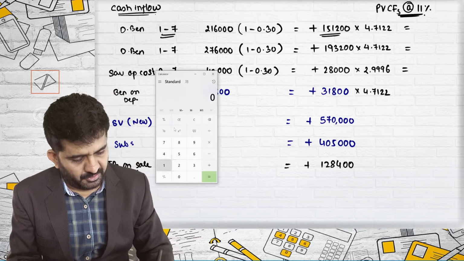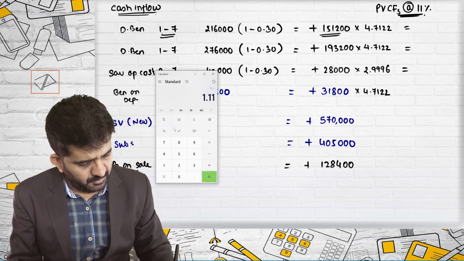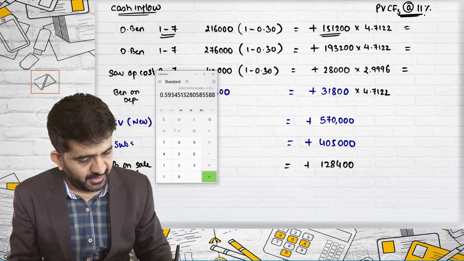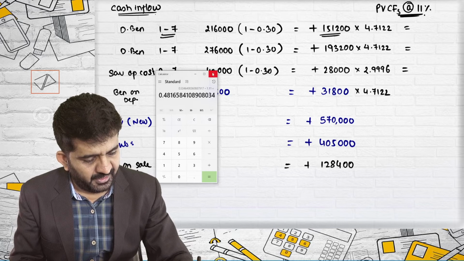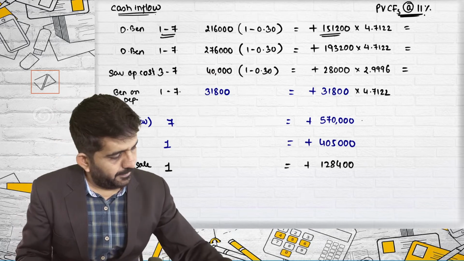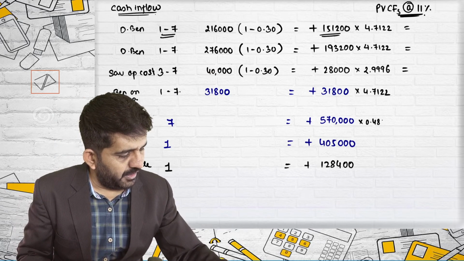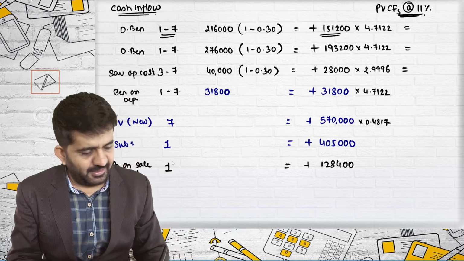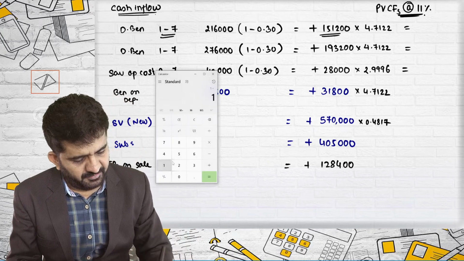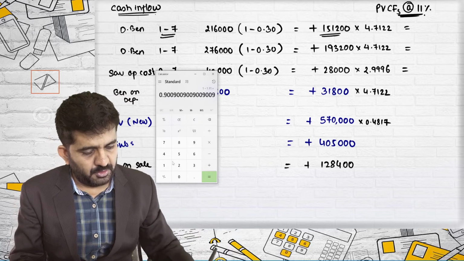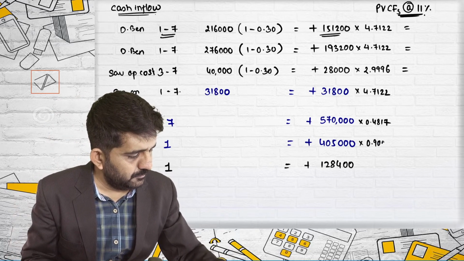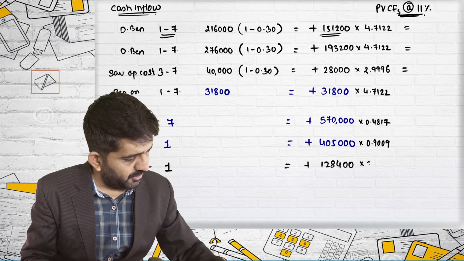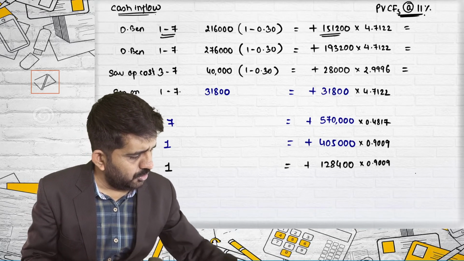For the 7th year, the factor, 1 divided by 1.11 for 7 years, is 0.4817. The factor at the end of the first year will be 1 divided by 1.11, which is 0.9009. And this is also at the end of the first year, 0.9009.